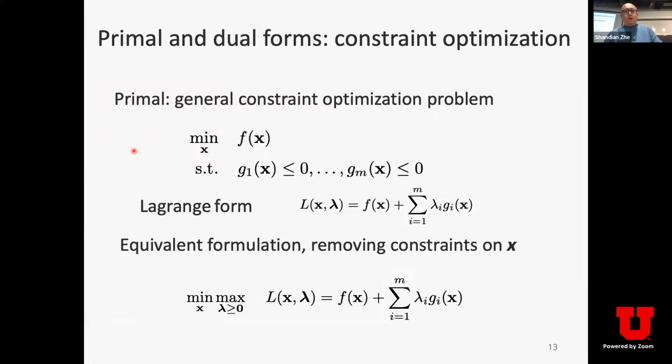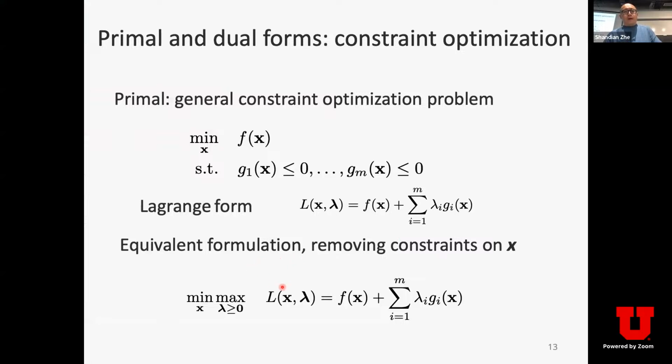And then we claim that this general constraint optimization problem is equivalent to solving a minimax optimization problem. The objective of this minimax optimization is the Lagrange function. The Lagrange function is the original objective f of x plus a linear combination of the constraint functions in the original problem, where each coefficient lambda i is called a Lagrange multiplier.